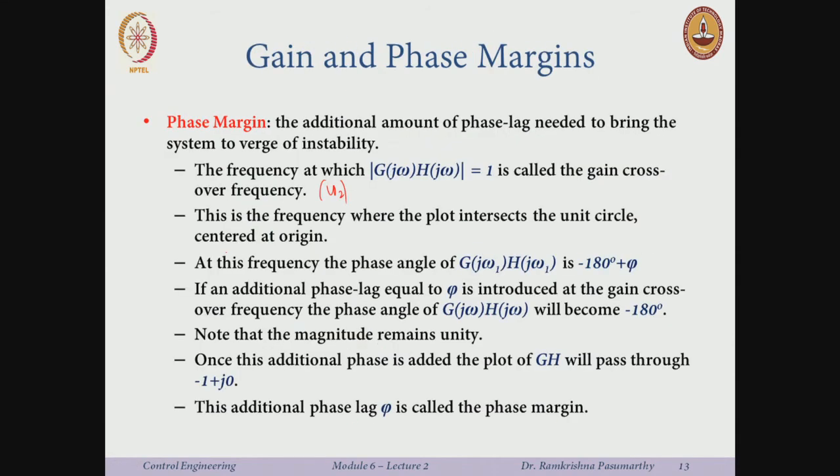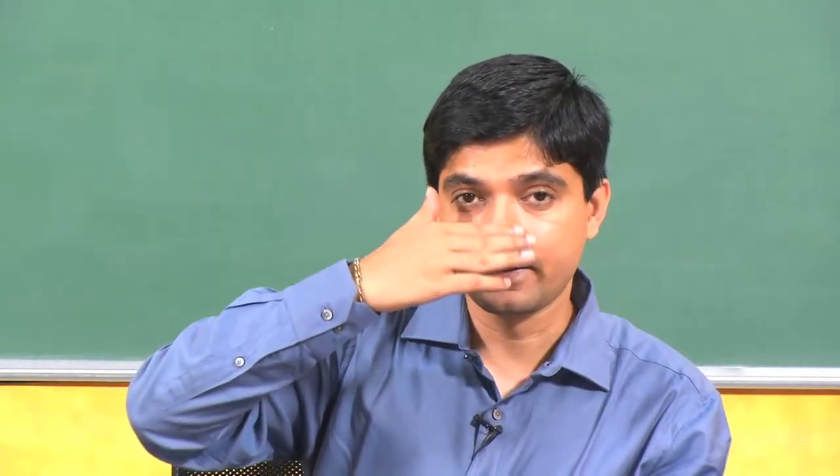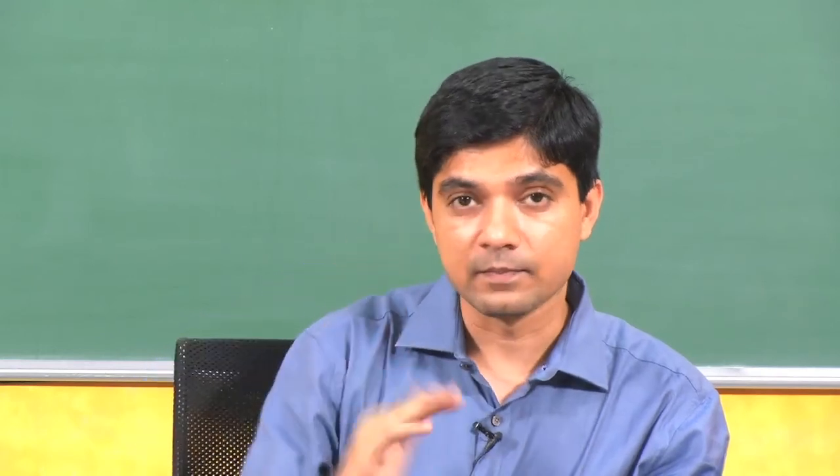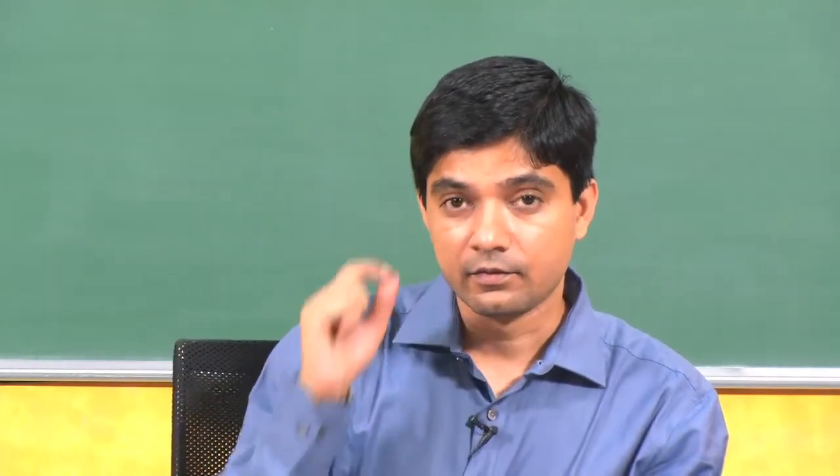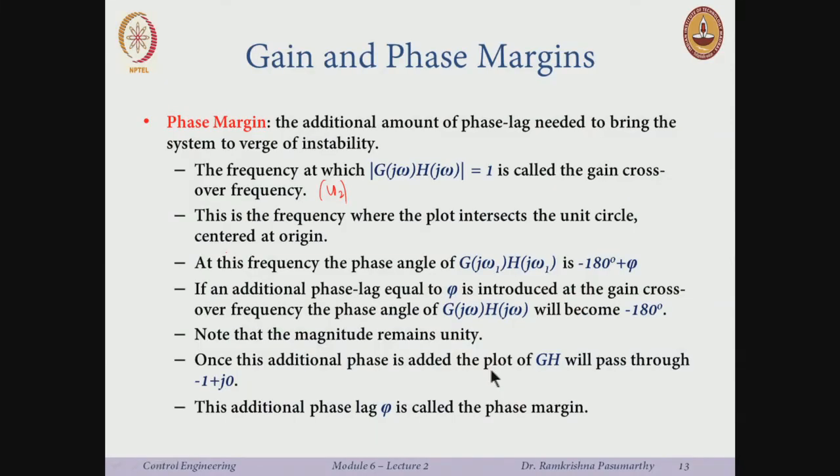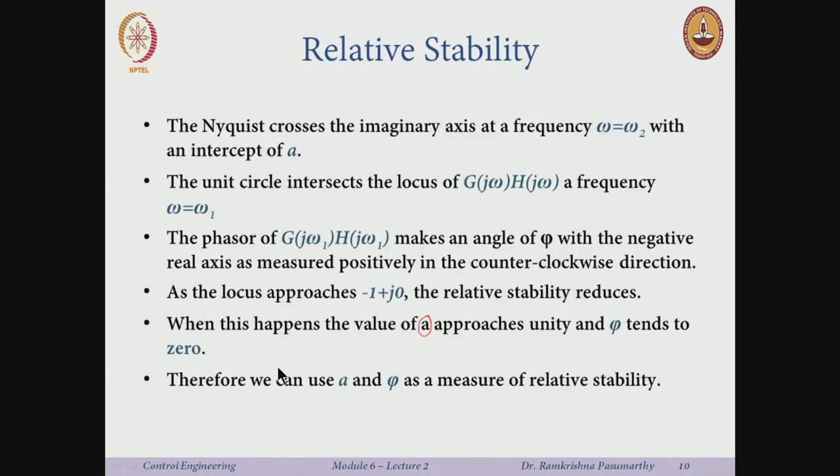While I am doing this along that unit circle, the magnitude remains unity, the magnitude remains 1. Once I reach that point where the angle is -180, what will GH be then? The plot of GH will pass through -1 plus j0 once I have added that extra angle phi.